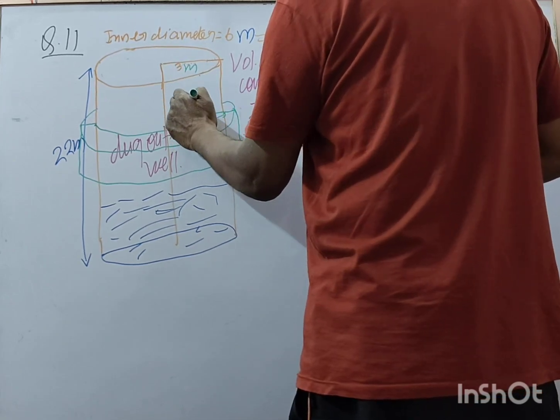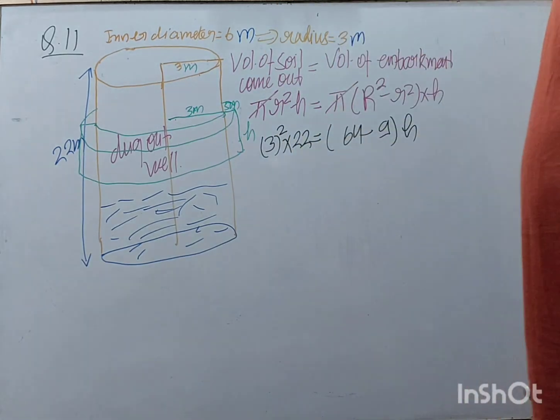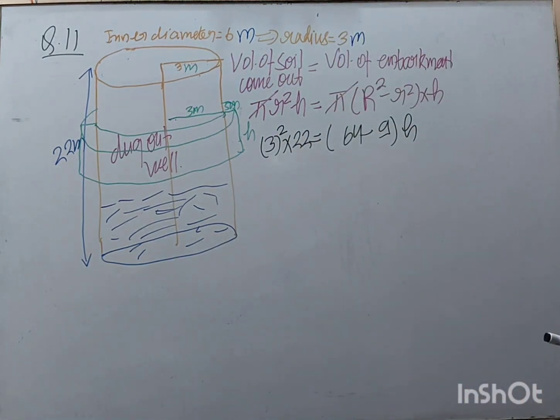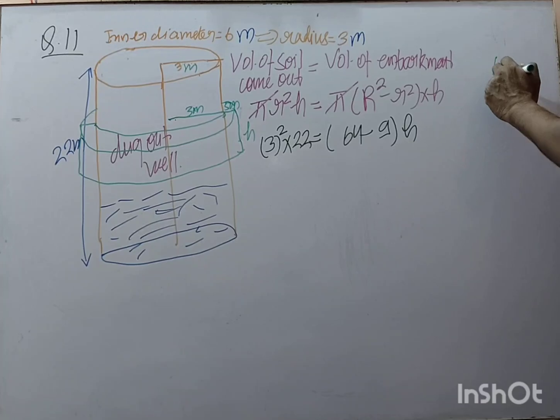So 3 meter plus 5 meter, so it is 8 meter, right? So it is how much? 51.